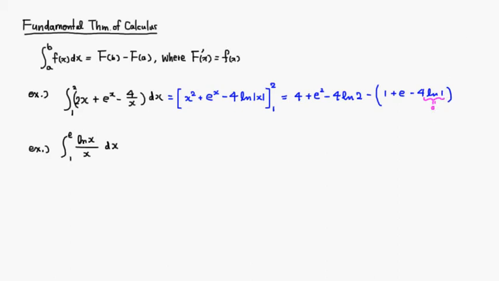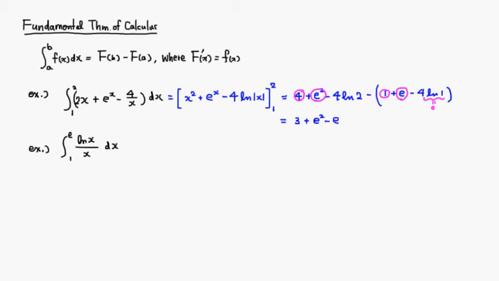Then we can simplify a bit. Combining, we have 4 here and a minus 1, so you're going to get 3. Plus there's e squared right here. And there is e here, so that's a minus e, because of the negative sign.